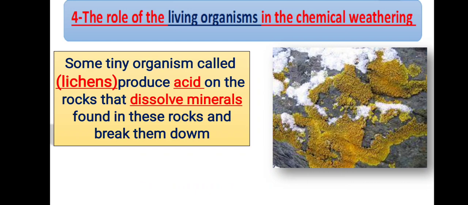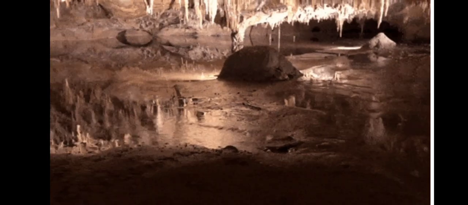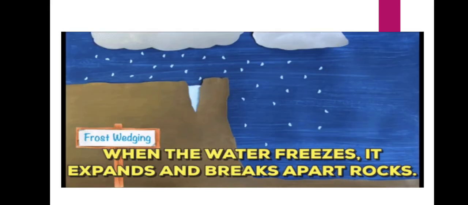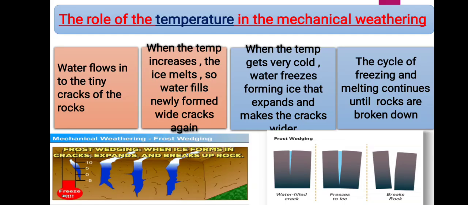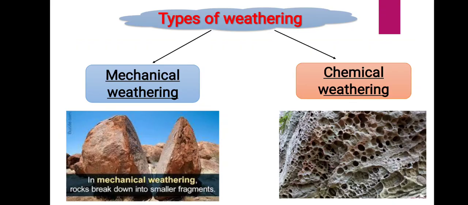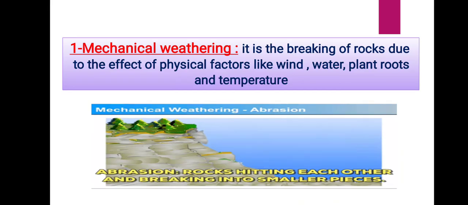Okay, so what is the difference between the mechanical and the chemical weathering? In the mechanical weathering, the rock is broken down into small pieces without changing the structure of the rock. The structure of the rock doesn't change.